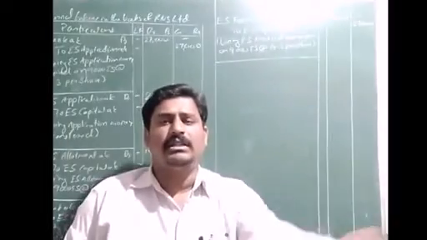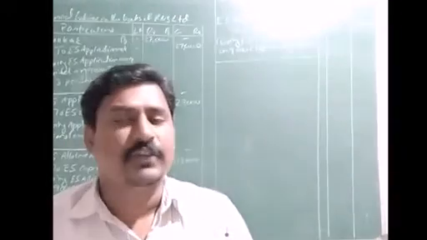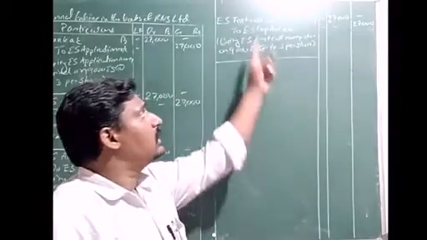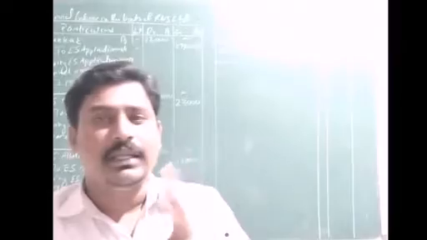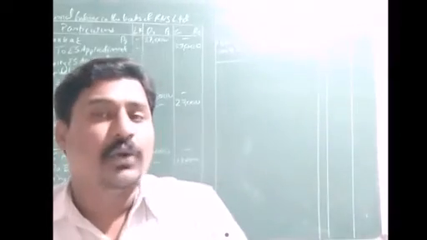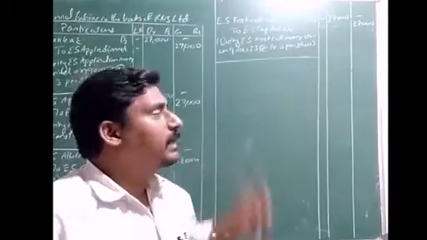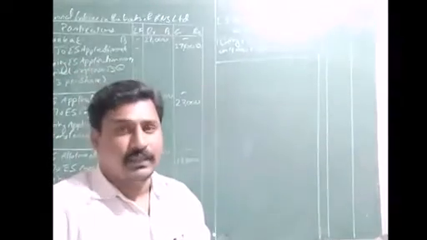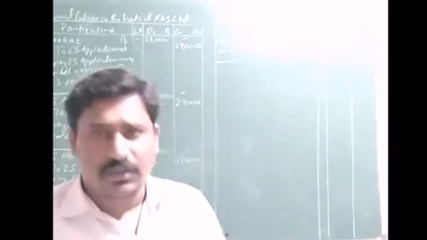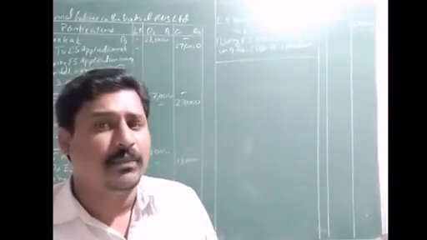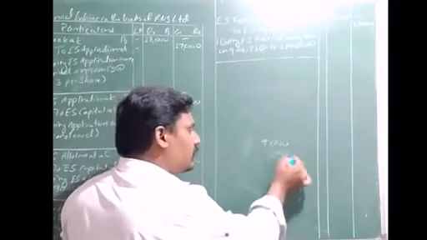Now next entry for receiving money on first call. So on 9,000 shares, we have called 3 rupees. But here, a shareholder holding 300 shares failed to pay the 3 rupees per share, first call money. So out of 9,000, 300 shares has not paid.